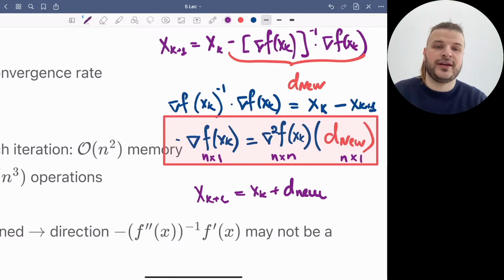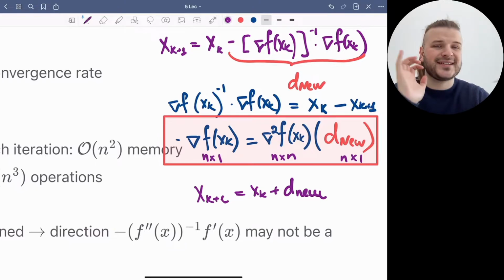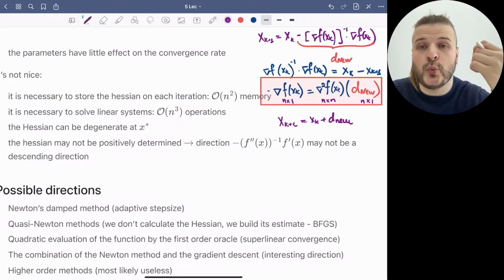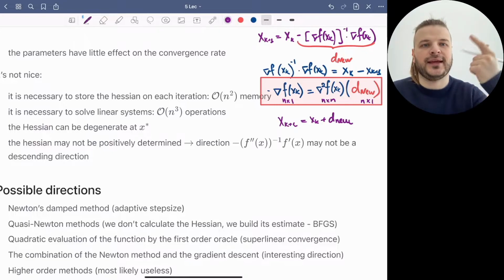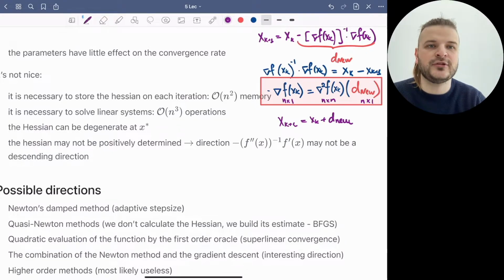So we are trying to build a good estimation of the Hessian using some combination of our first order local information. And we'll talk about it a little bit later. That's one possible direction to deal with the problems of the Newton method.